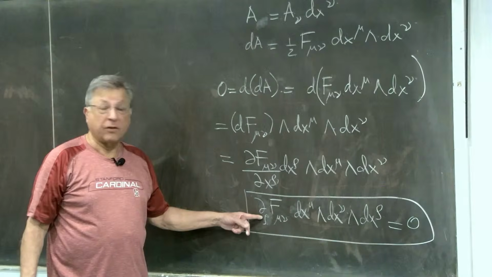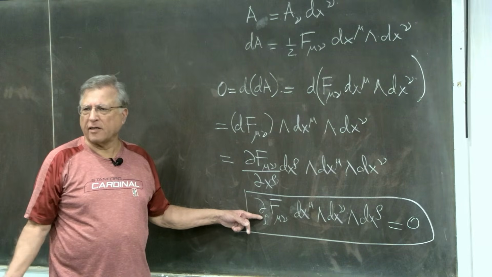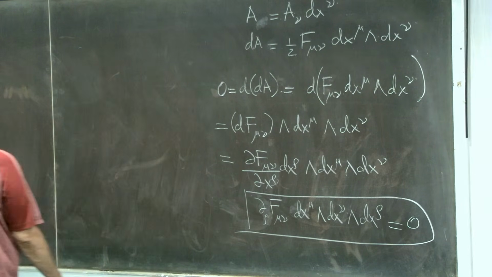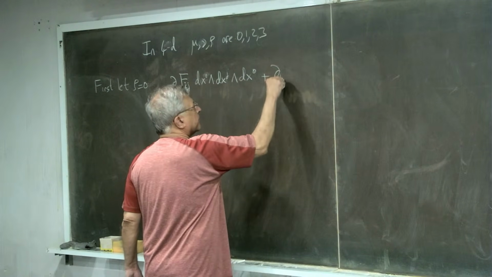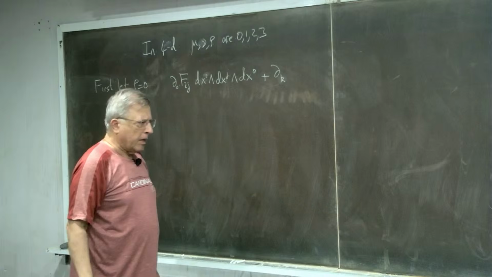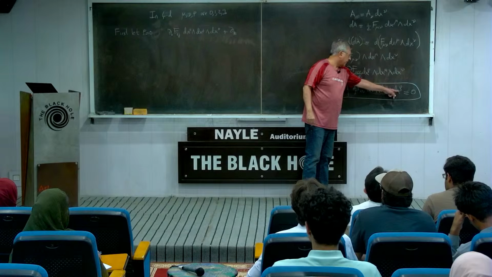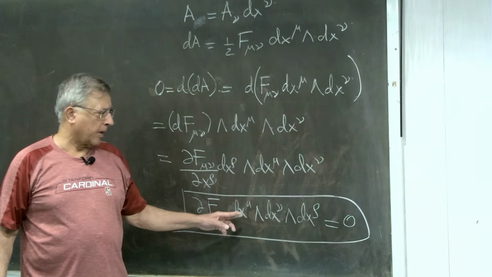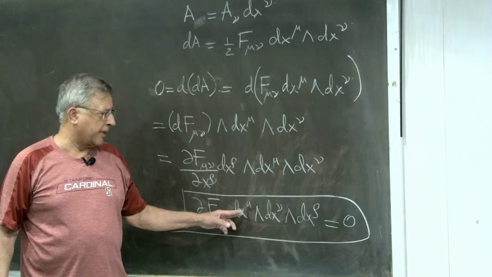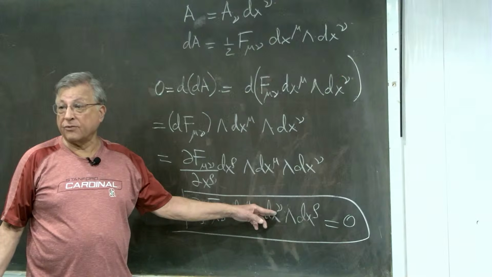Now I have to let rho be k. Let it be k. If rho is k over here, then what can mu and nu be? They cannot be k, but they can be 0 as well.